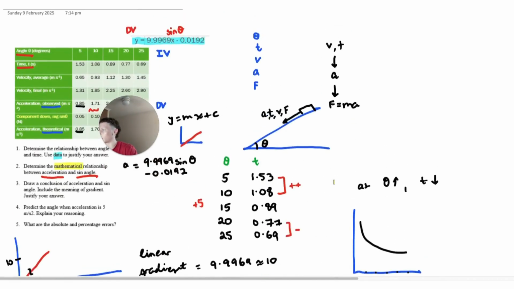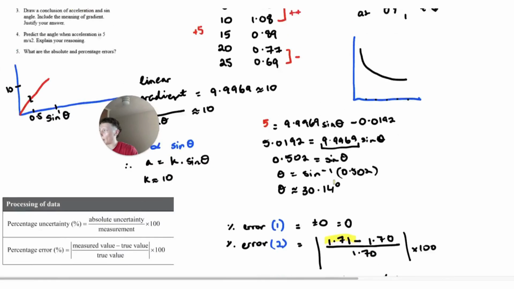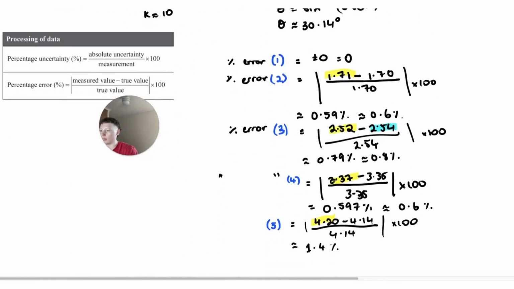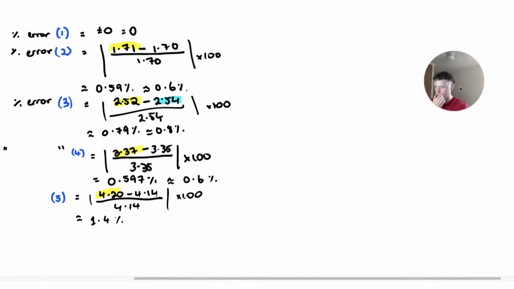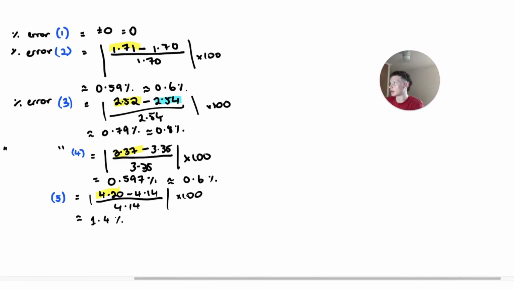I'll just double check that they're right. Yep. Okay. And so when we come over here to calculate our absolute error, the rounding might be a little bit off here. I haven't stored it in my calculator, so I'm just going to use these rounded to 1 decimal place values. Might differ very slightly.